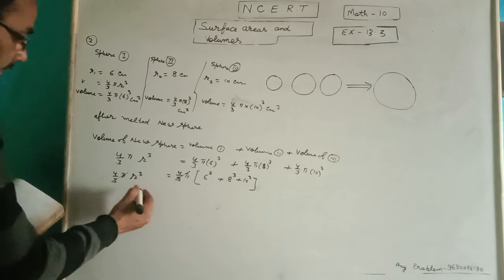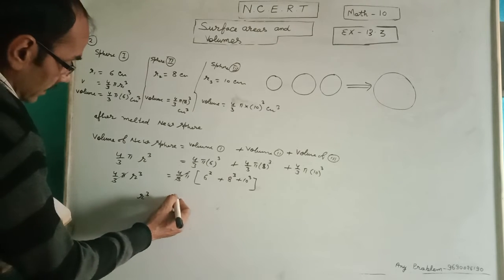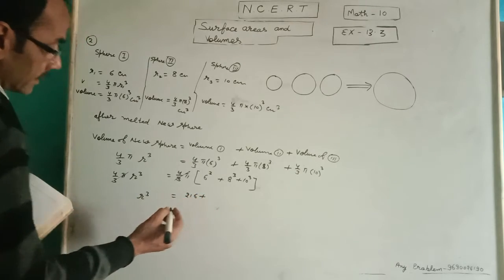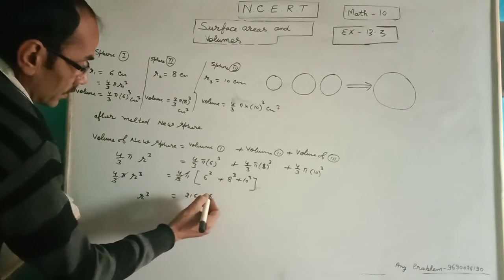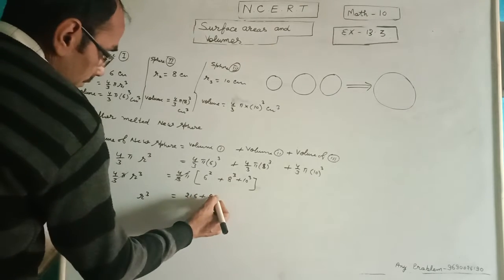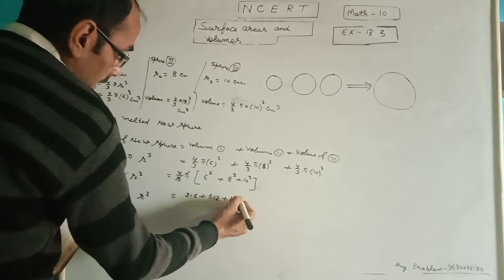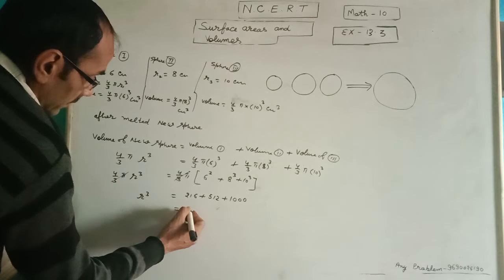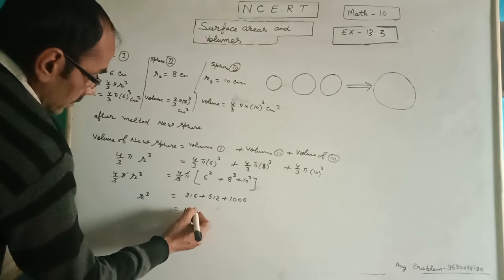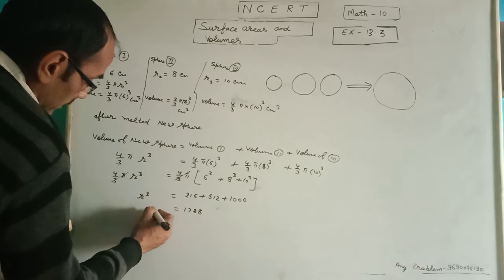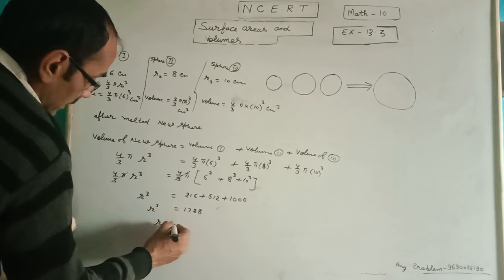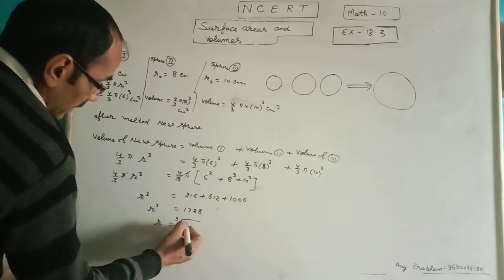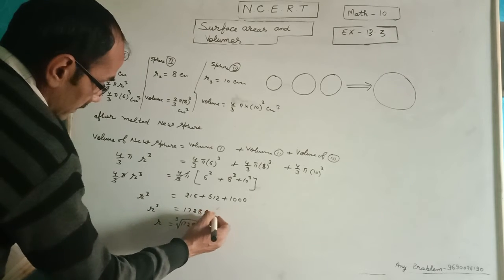Divide both sides. R cube is equal to 216 plus 512 plus 1000, after adding 1728. R is equal to cube root of 1728 cm cube.